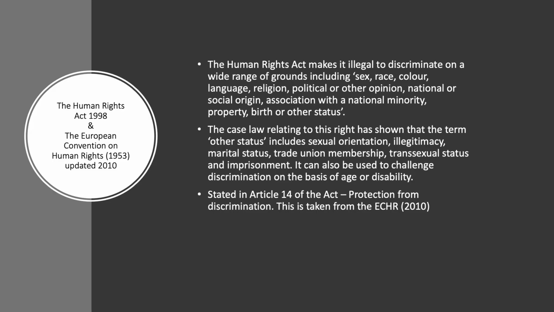Now, it also states that you can't discriminate against people based on other status, and this has been extended to include sexual orientation, legitimacy, marital status, and even things like whether people are a member of a trade union, and also more recently transsexual status and imprisonment.